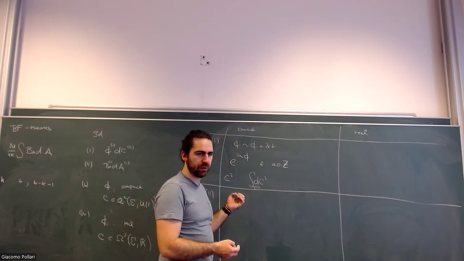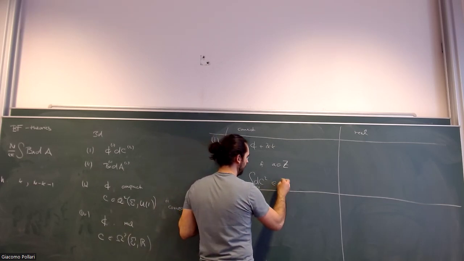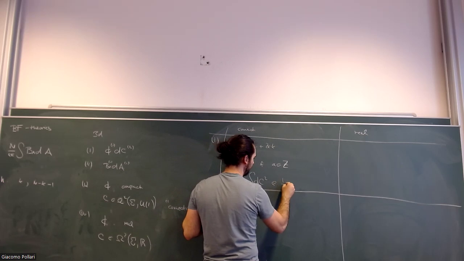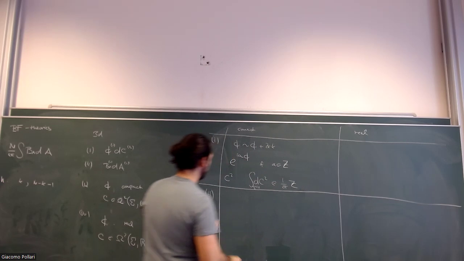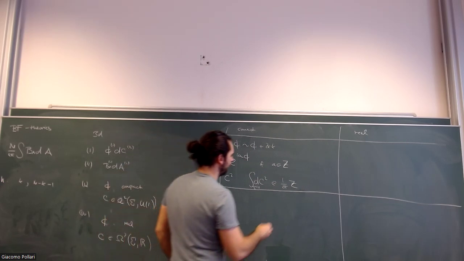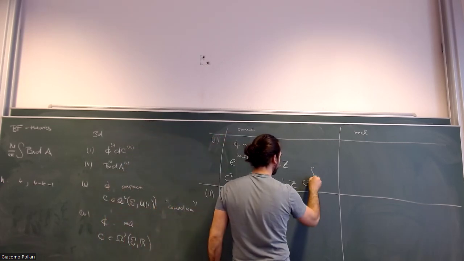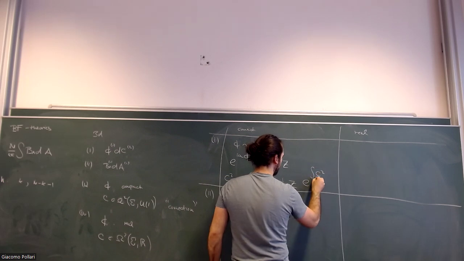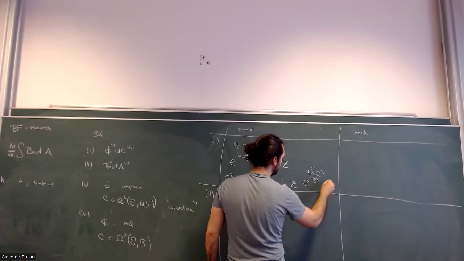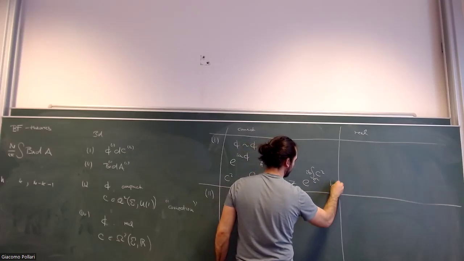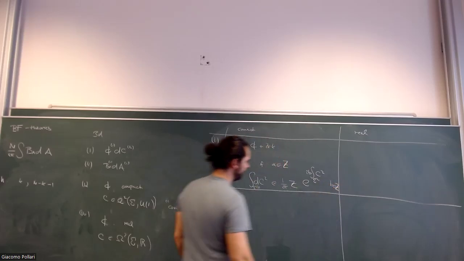That needs to be in 2 pi Z. And that tells me that I can again make these kinds of things, but only for B being in Z.